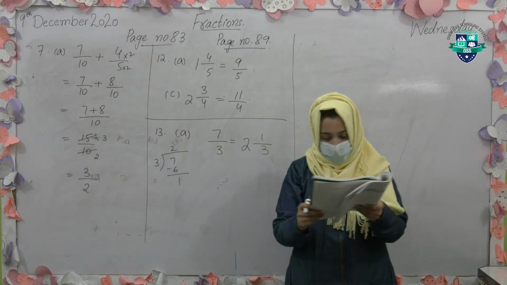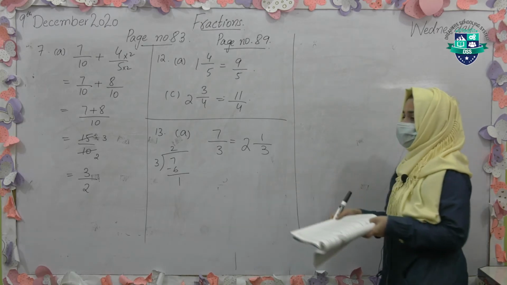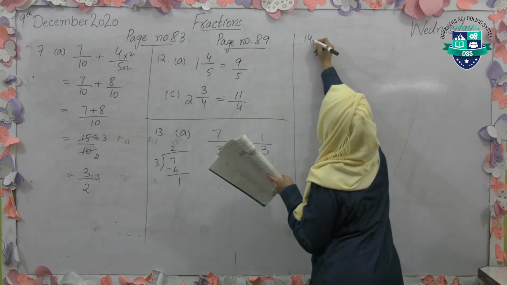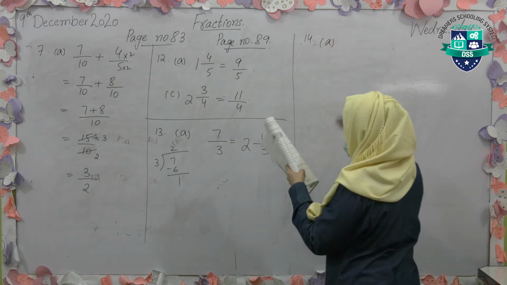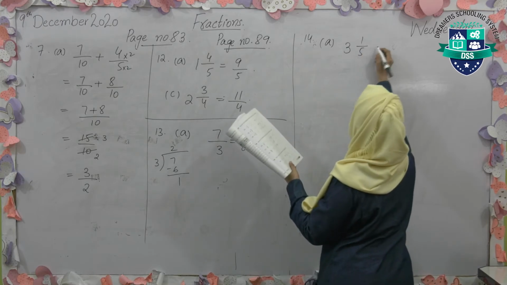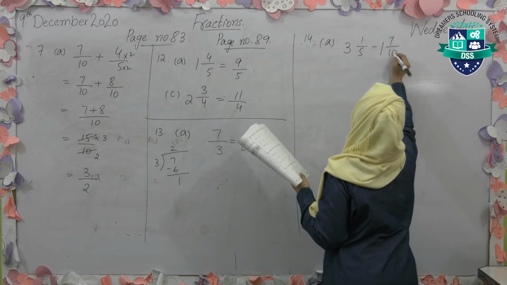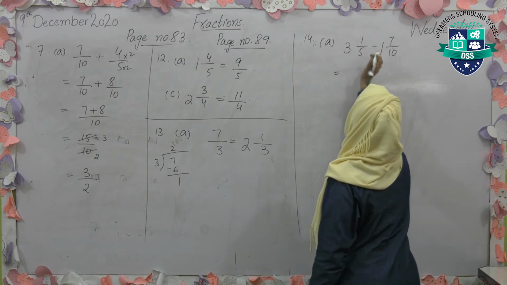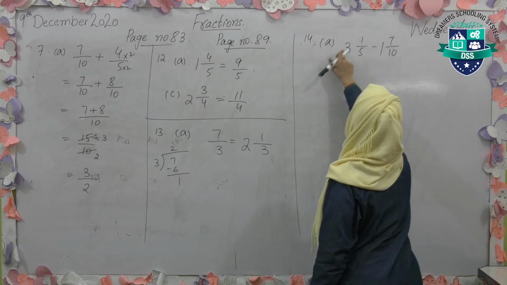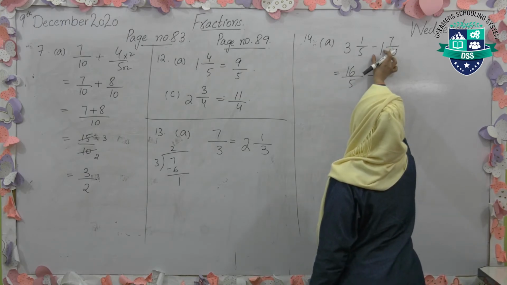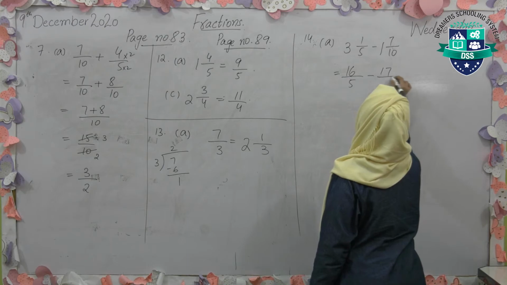Now question number 14. This is also the same, but I'll do it for you. Question number 14, part A. 3 whole 1 by 5 minus 1 whole 7 by 10. First we'll change the mixed numbers into improper fractions. 5 3s are 15, 15 plus 1, 16 by 5, minus 10 ones are 10, 10 plus 7, 17 by 10.